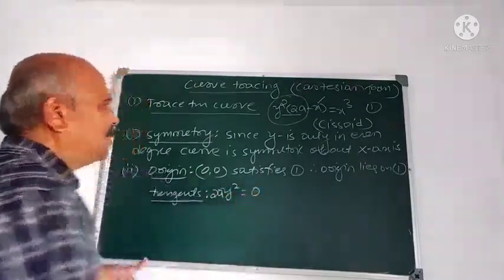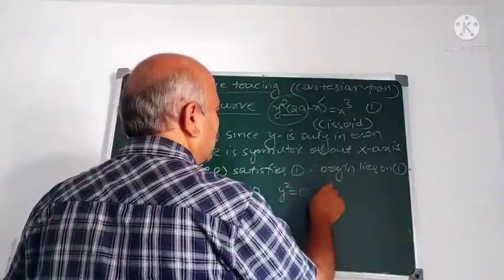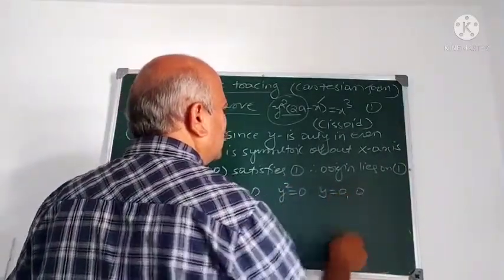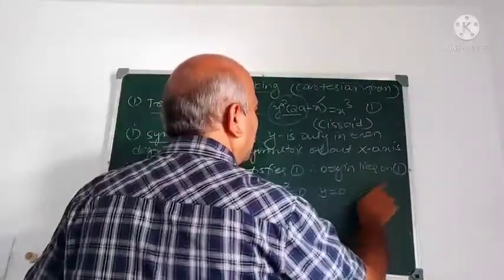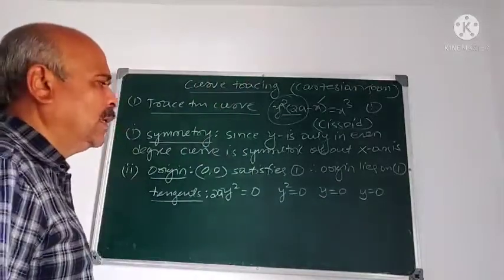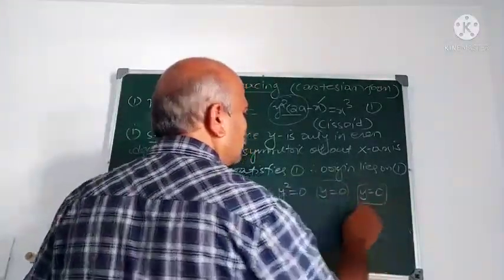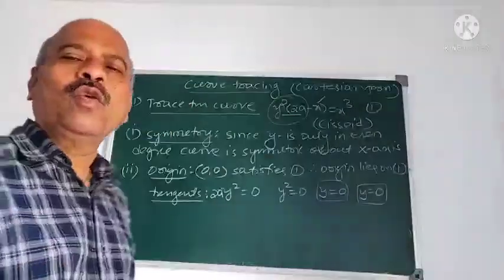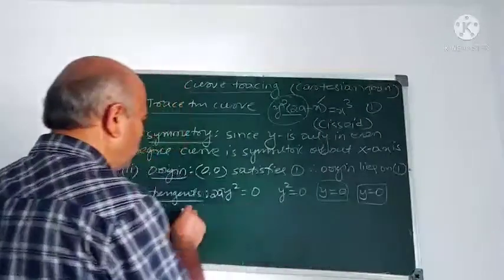So 2a into y square is 0. Therefore y square is 0, so y is 0, 0. Therefore there are two tangents at the origin: y is equal to 0, y is equal to 0. Two tangents, but they are coincident.